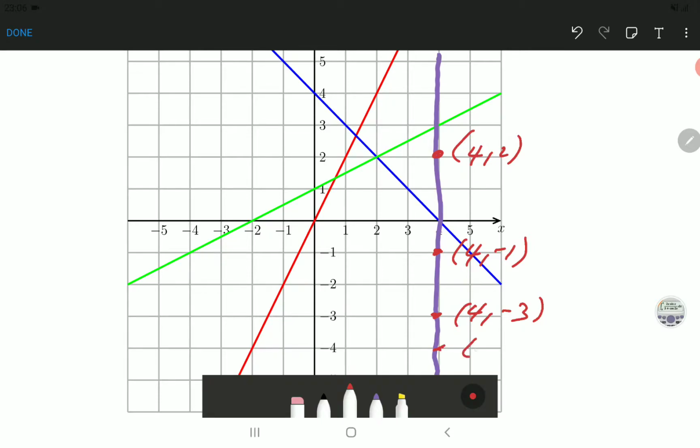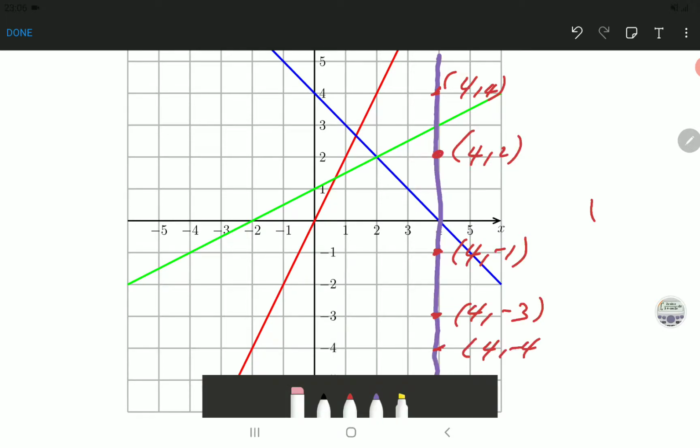And let's do this last one here, 4, 4. Okay, now the question we ask ourselves is what do all these points have in common on this straight line?